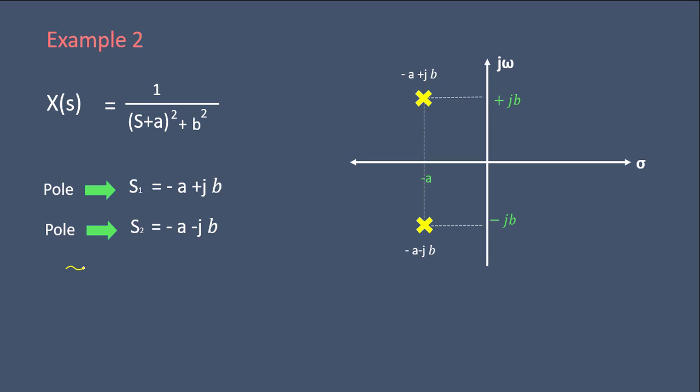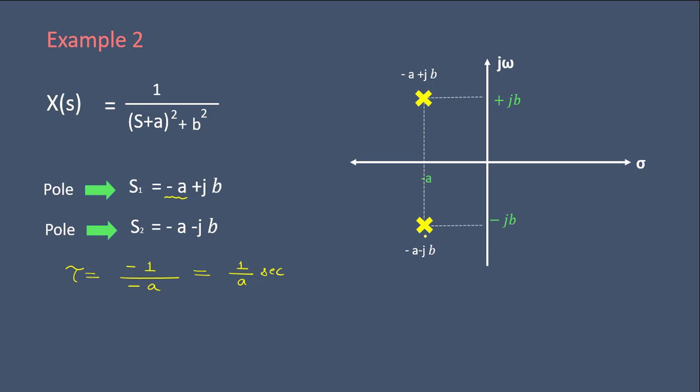Now first we will find the time constant tau. It is nothing but -1 upon the negative real part of the pole location. The pole is negative and the real part is a, so I can write -a. So tau will be 1/a seconds. We have already discussed poles on the left hand side, but if they are complex and still on the left hand side, then also our system is a stable system.